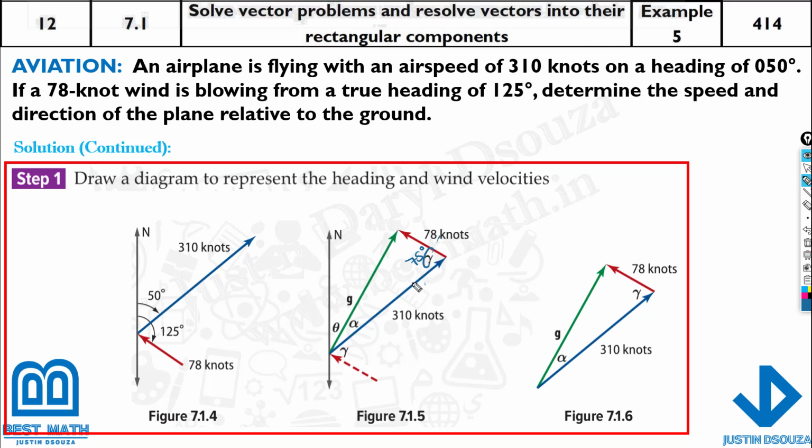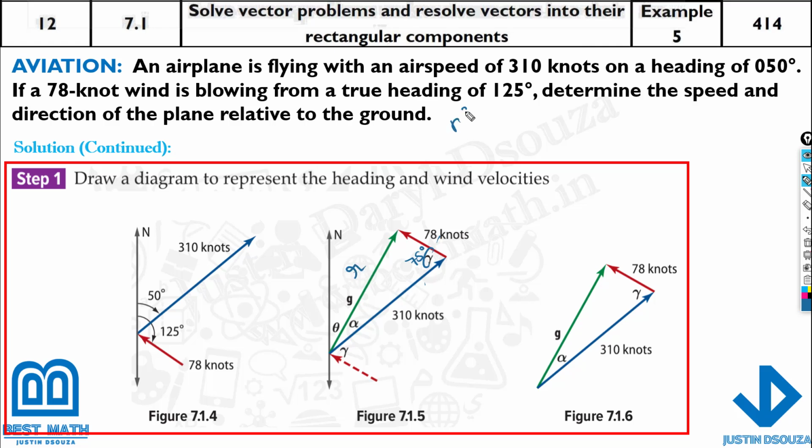Now I remember the law of cosines. What does it say? The law of cosines lets you find any side: if you know the angle, the opposite side can be found out. Now this is given as G, but I'll take it as R, the resultant.